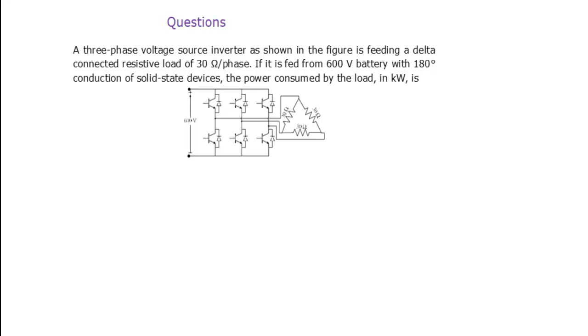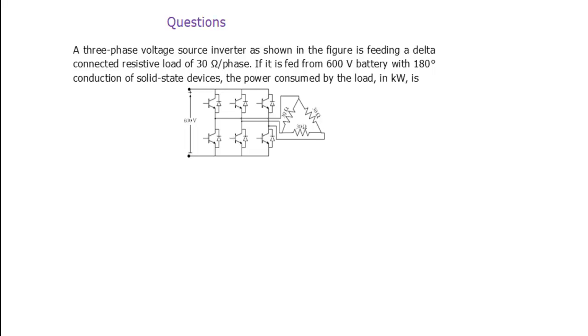Next question: a 3-phase voltage source inverter as shown in the figure is feeding a delta connected resistive load of 30 ohm per phase. If it is fed from a 600 volt battery with 180 degree conduction of solid state devices, the power consumed by the load in kilowatts is? Now a delta connection is given and it is 180 degree.